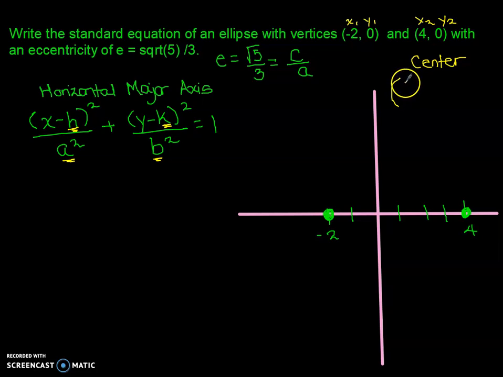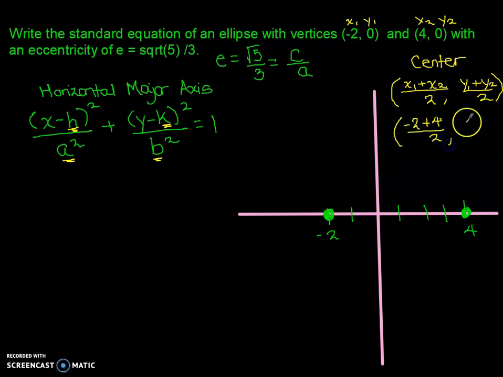Center, using midpoint formula: x1 plus x2 over 2, and y1 plus y2 over 2. That would give me negative 2 plus 4 over 2, and 0 plus 0 over 2, which gives me 2 over 2 is 1, and 0. So that's where my center is. That's h and k.